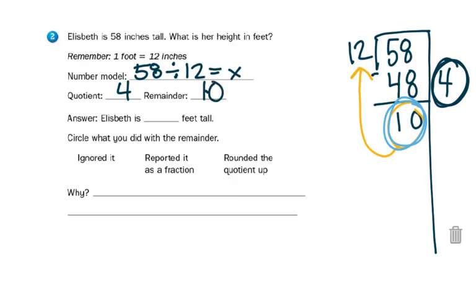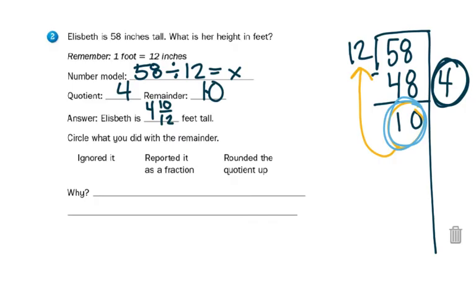Now, how tall is Elizabeth? Do we just say 4 feet? No, we would say 4 and 10/12 feet tall. So 4'10" is how we would probably say it typically. What did we do with that remainder? Did we ignore it?